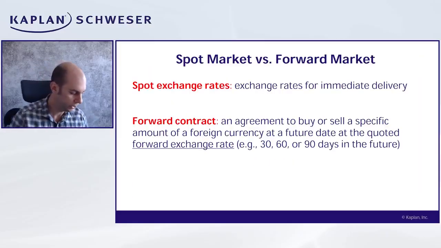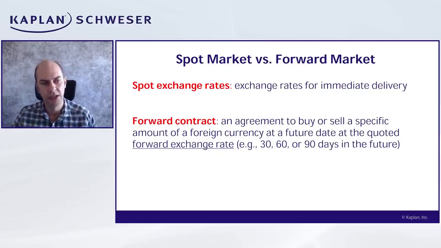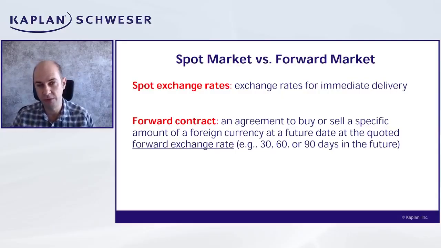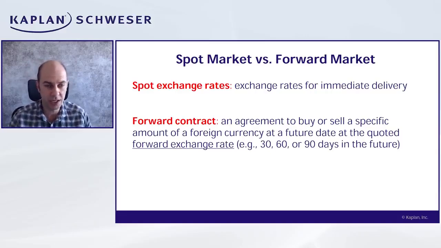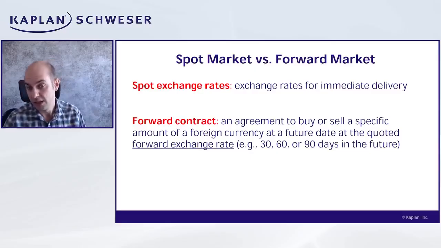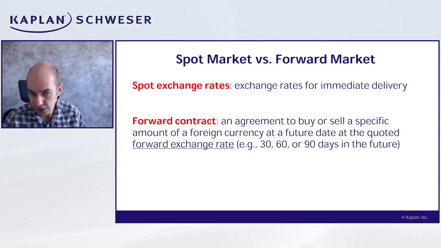Okay, so a couple of basics here. What is the difference between a spot and a forward? Well, the spot is the exchange rate for immediate delivery. So if I'm going on holiday this weekend, I will probably need to get some foreign currency in the spot market, because I will need that currency very soon.